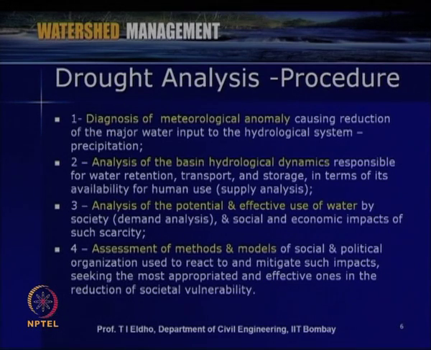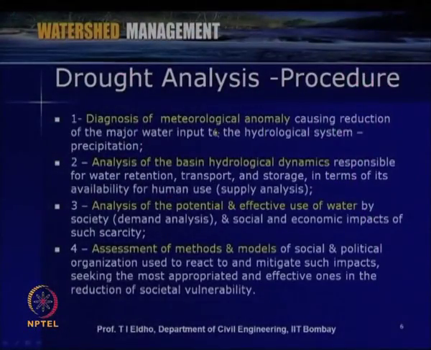As we discussed, drought, especially meteorological drought, is generally due to a meteorological anomaly as far as rainfall is concerned. So when the rainfall reduces for the particular watershed or hydrological system, we have to see the effects of that. What will be the effects of reduction in the precipitation? That is the first step, the diagnosis of the meteorological anomaly.